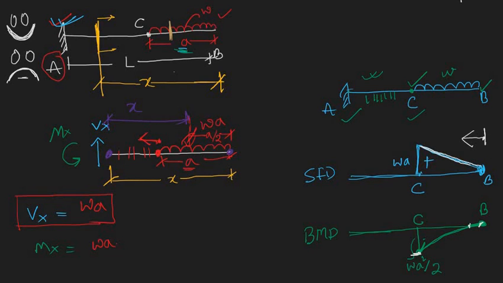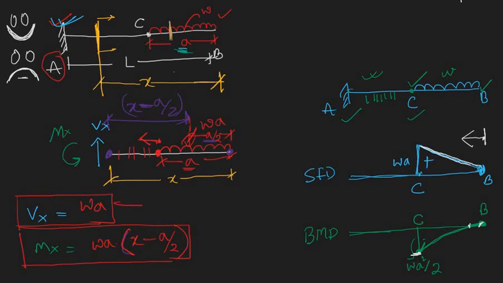Now the resultant is acting at a distance of A by 2, so the distance is x minus A by 2. So WA times the distance, x minus A by 2. Got it? So now let's try to plot this one.